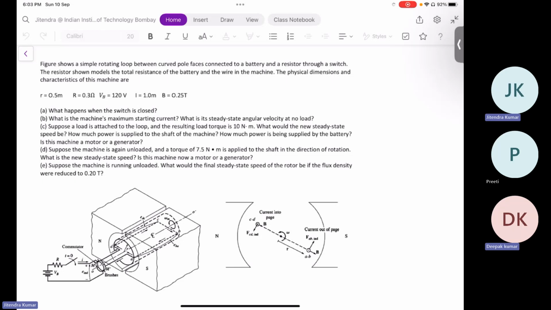Sir, actually, I have a doubt. The topic of transformer, sir, parallel connection of transformer. Is it from the problem I gave in the last session?